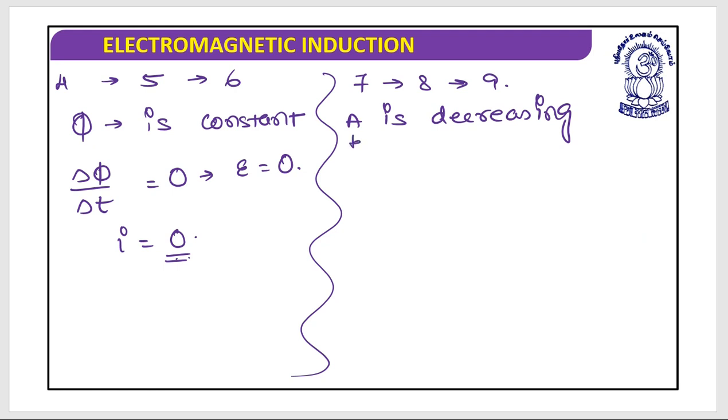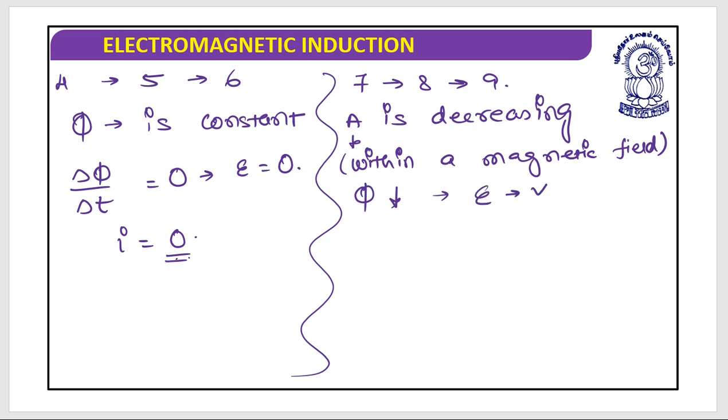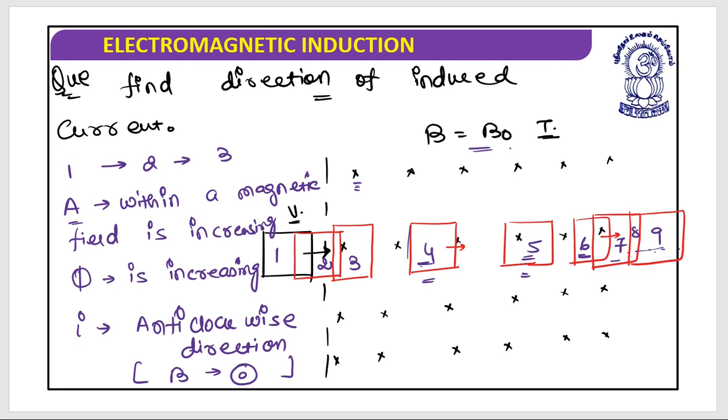When I say area, it's the area within a magnetic field. So area within a magnetic field is decreasing, and if area within a magnetic field is decreasing, it means flux is decreasing. If flux is decreasing, that means there is a change in flux, so EMF will be there, induced current will be there. So now for 6, 7, 8 or 7, 8, 9, EMF will be there.